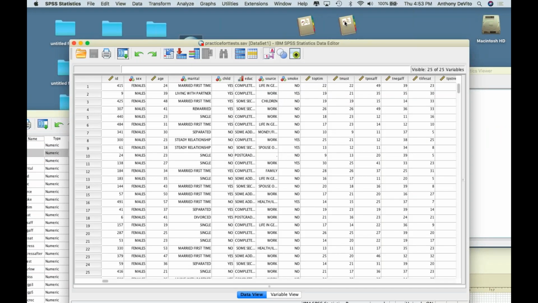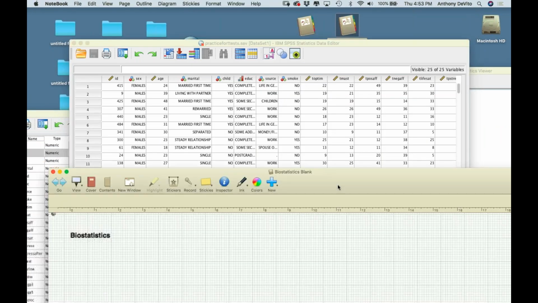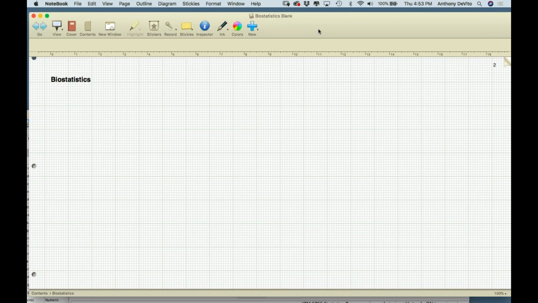In these random samples from a population, we surveyed them and we asked them for their gender and their age. Okay, nominal and numerical. Let's say I'm interested in knowing whether the females in this population have the same average age or a different average age than the males do.